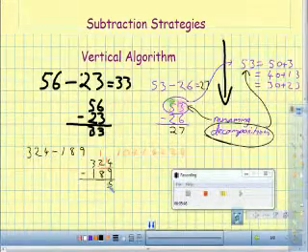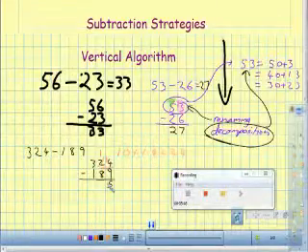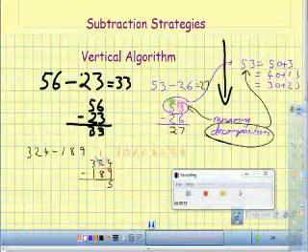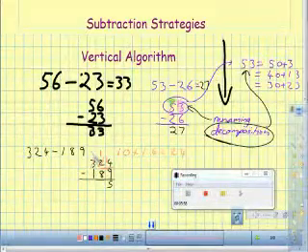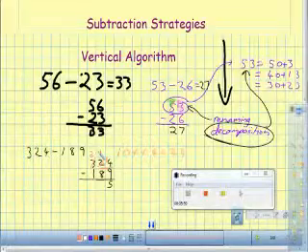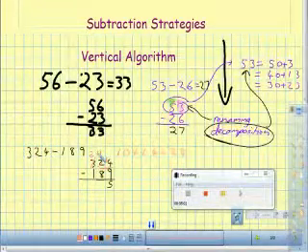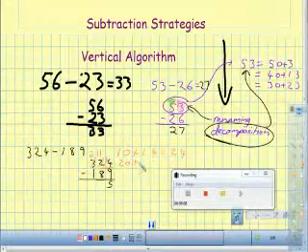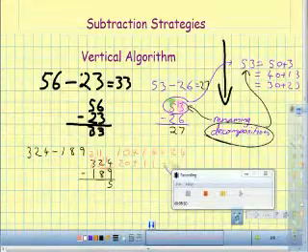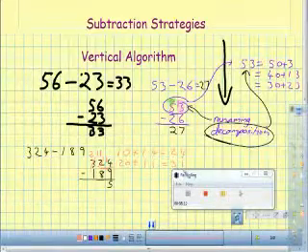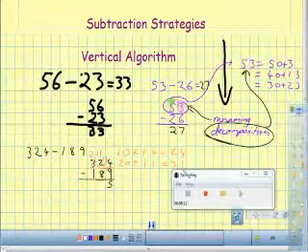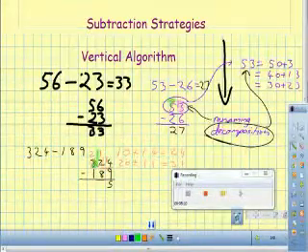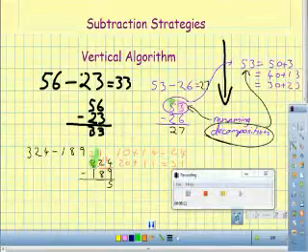So I come to my next line, and I've now got a 1 taking away an 8. Well, that's not going to work. So again, I'm going to rename. I'm going to make that a 2. I'm going to bring that over here. And really what I've got now is 20 plus 11 equals 31. And remember, we did have 31, not 32, because we had renamed, hadn't we?